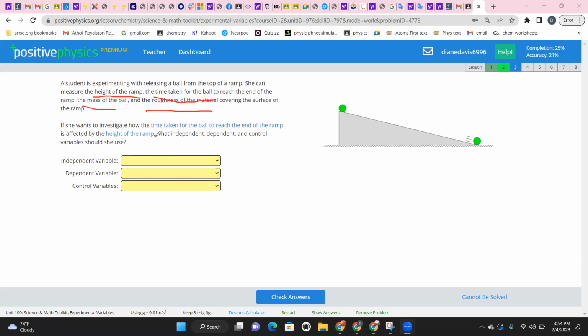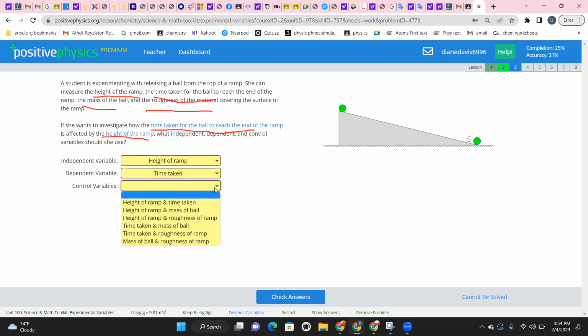What she wants to find out is how the time to reach the end is affected by the height of the ramp. So she's going to be changing the height of the ramp. That's what she's changing. And she wants to see how the time taken depends on the height of the ramp. So that's how you get those.